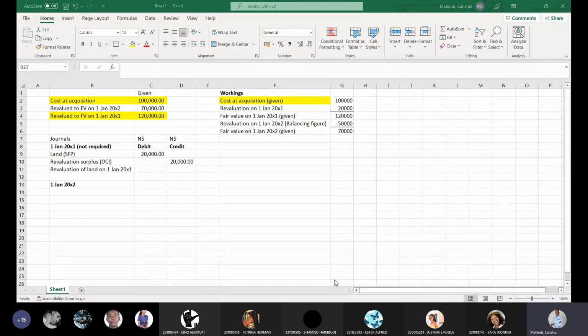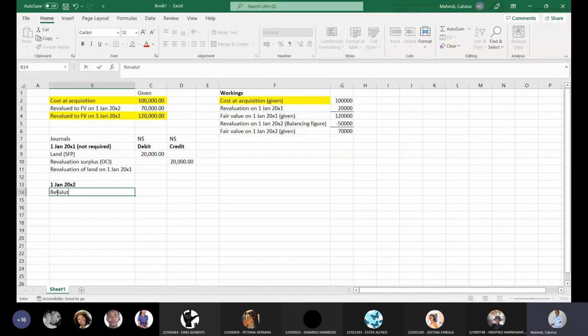So Justine says debit revaluation expense with 30,000 and credit land with 30,000. Where did you get the 30,000 from? So let me just write what you said, debit revaluation expense.